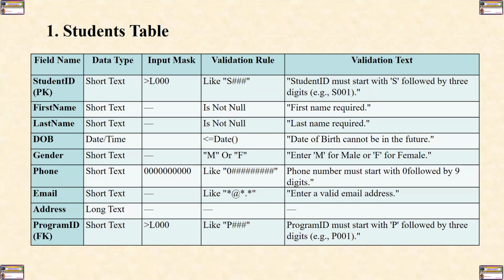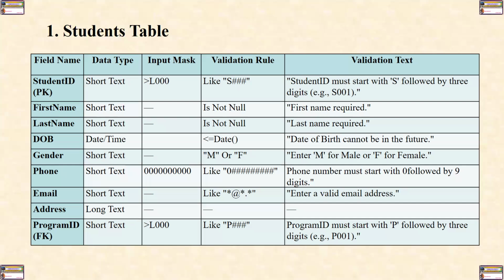Now, my dear students and the rest of the learners, it is important to note that if your fields will use certain input masks, it is always important to give some validation text to assist the person who is doing the entry to enter the right data, so that in case the person keys in wrong data, a message pops up informing the user what he or she is required to enter.